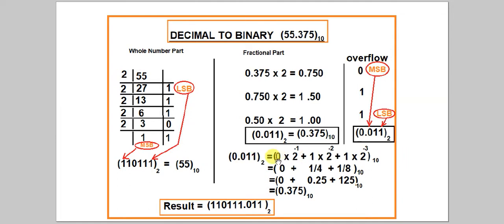We put these respective bits and the respective powers of the base. If you calculate, you get 0.375 in base 10. So that's how we convert. The total number 55.375 is now converted into the binary number 110111.011.